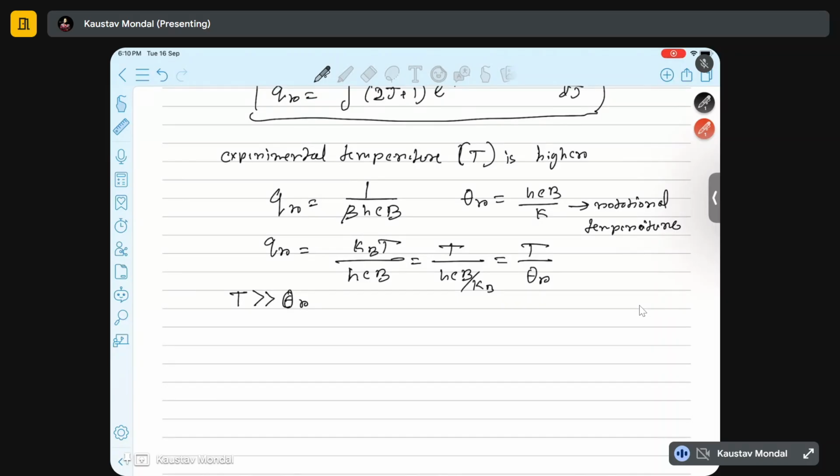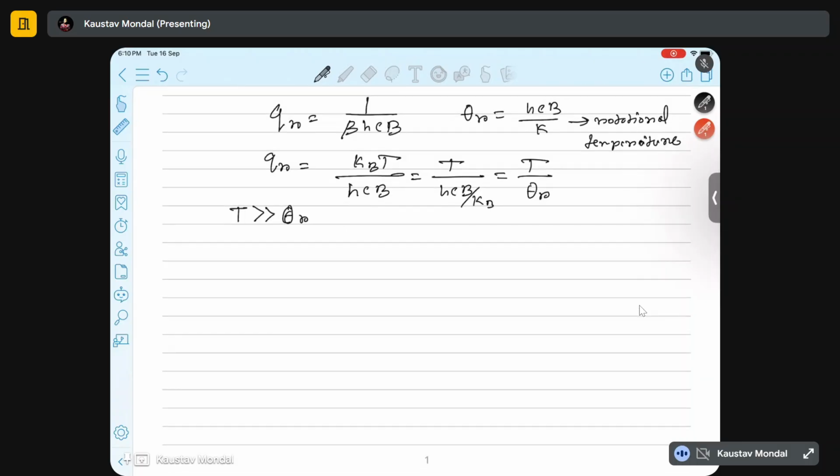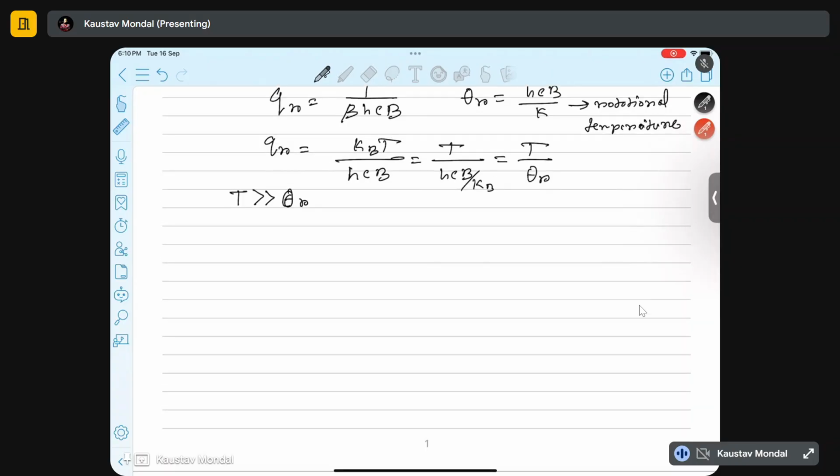Now, in our last lecture, we have discussed that depending upon whether the molecule is heteronuclear or homonuclear, there is a factor associated with the rotational partition function, right? That factor is denoted by sigma.